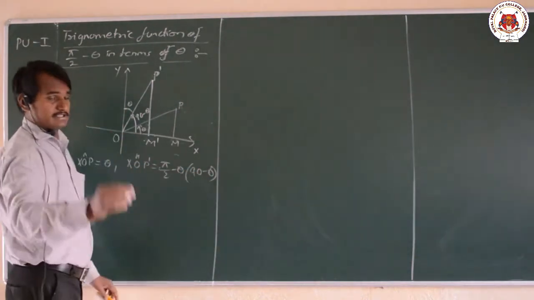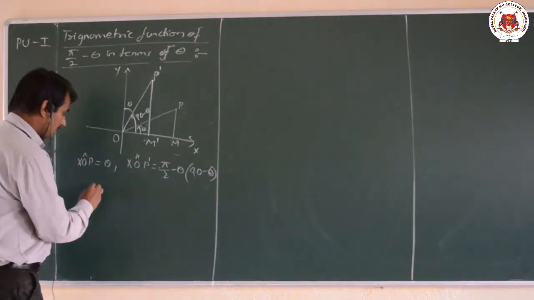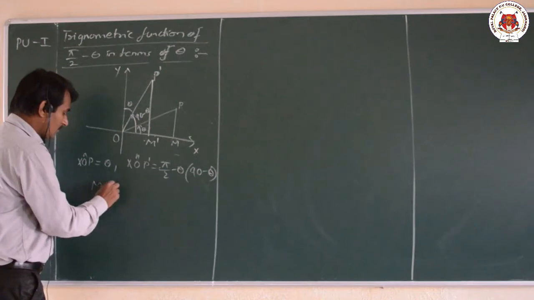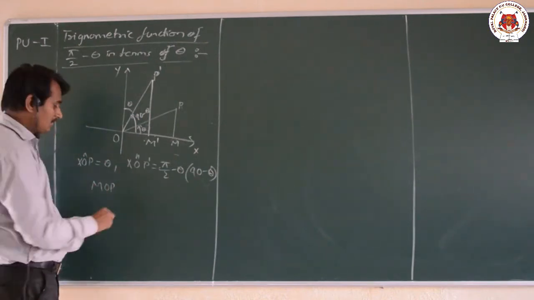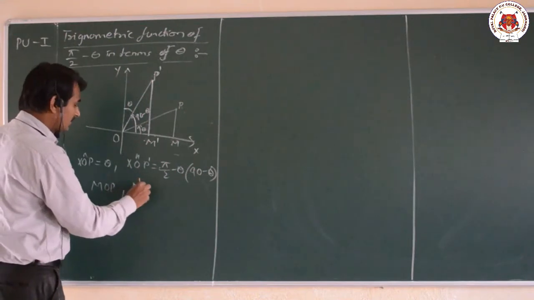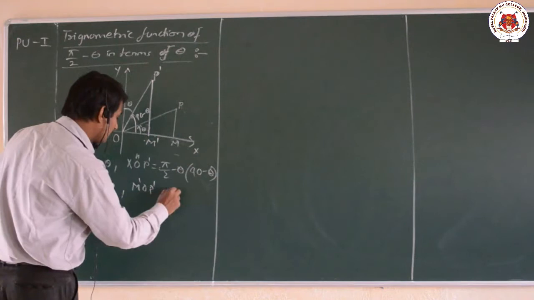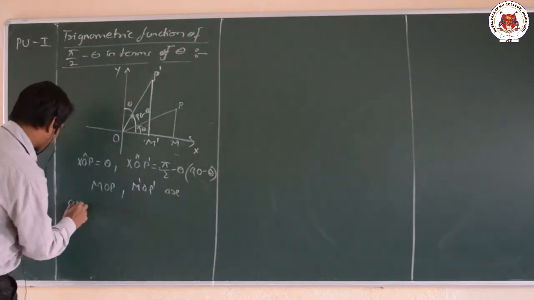Both are same, students. Now here we can observe that these two triangles, MOP and M dash OP dash, are congruent.